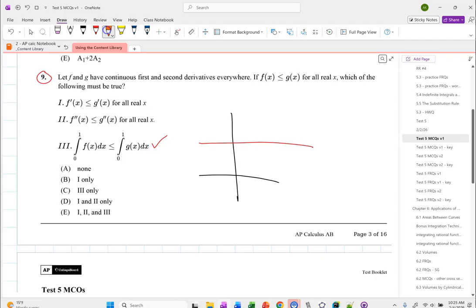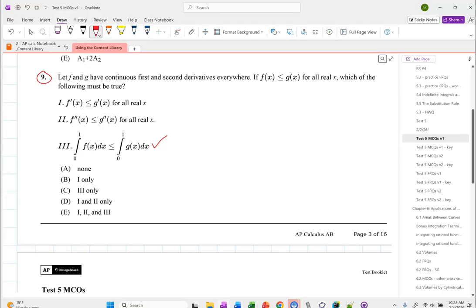This is F, and this is G. Is the area under G always going to be bigger than the area under F? Yeah, right? So that piece is obvious. The only question is, are one of these two guaranteed?